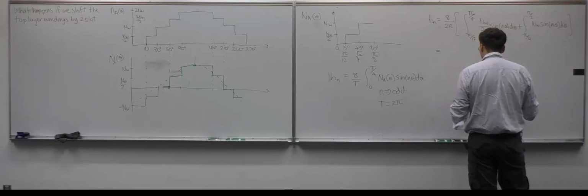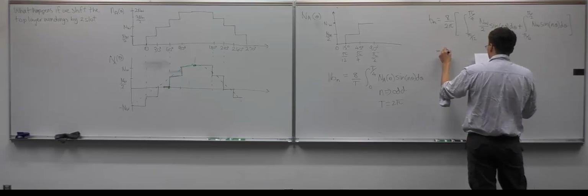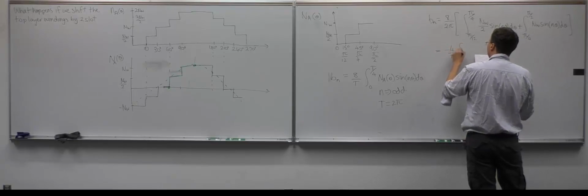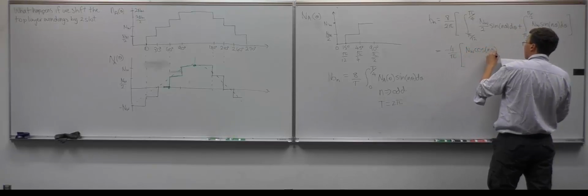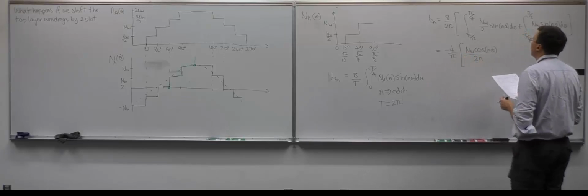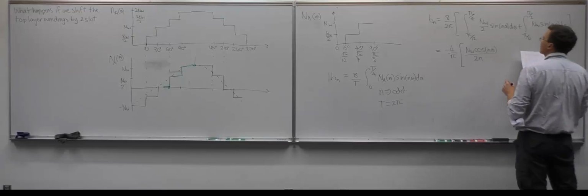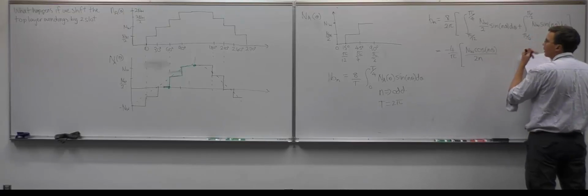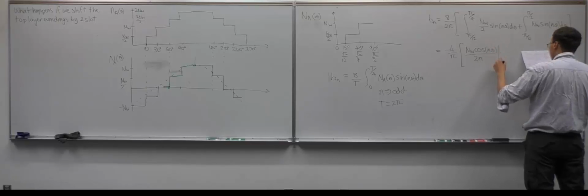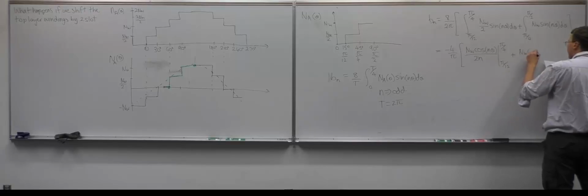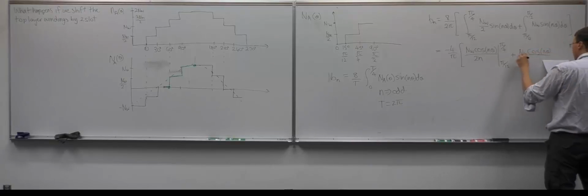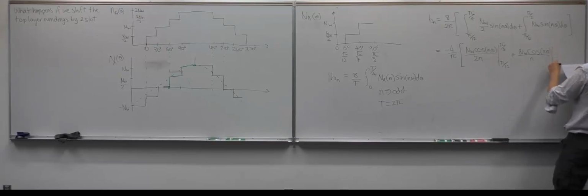And so now evaluating, we get minus 4 over pi, NW cosine n theta divided by 2n, and that is evaluated from pi over 4 to pi over 12, plus NW cosine n theta divided by n, and that's evaluated from pi over 2 to pi over 4.